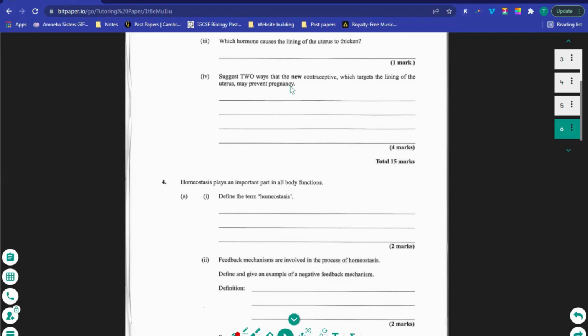And B, it may also prevent the lining from becoming fully developed. Because remember, I said this is a whole feedback mechanism. So if it doesn't get to that point that is going to trigger the body to release the hormone that causes ovulation, then no ovulation can occur, therefore no pregnancy can occur.